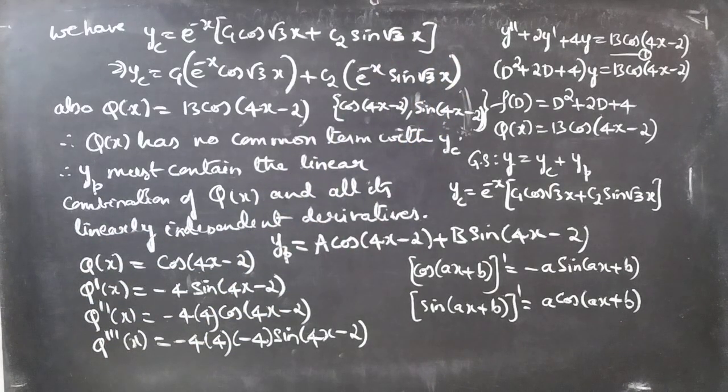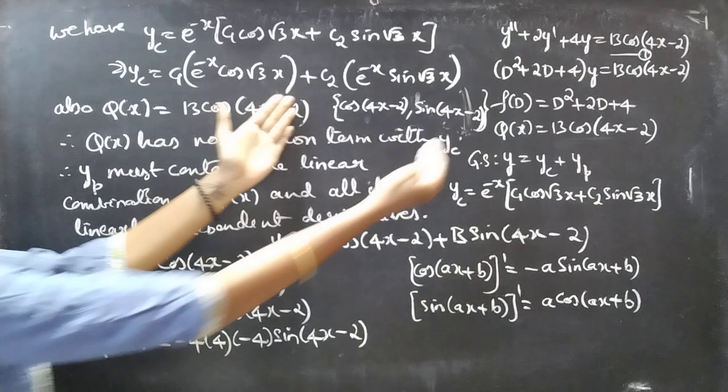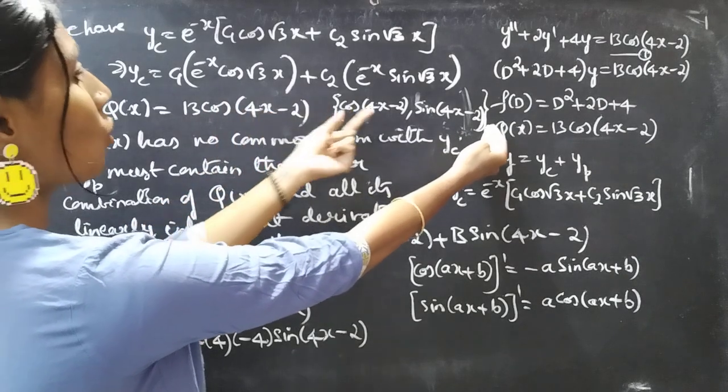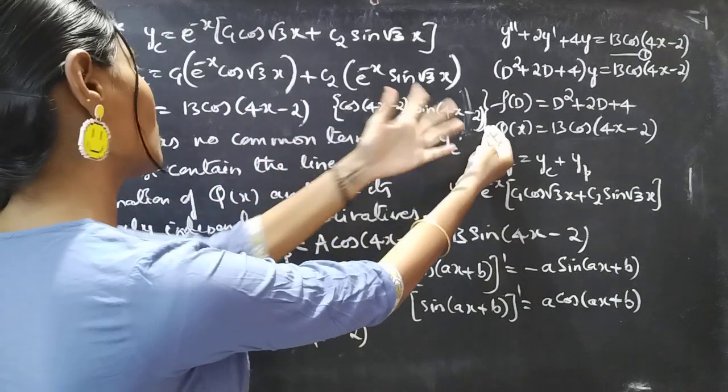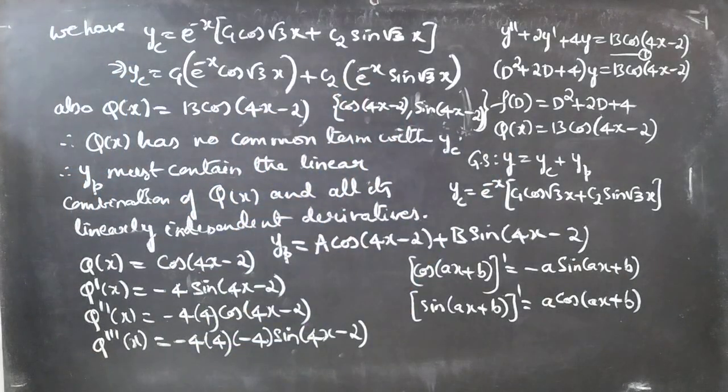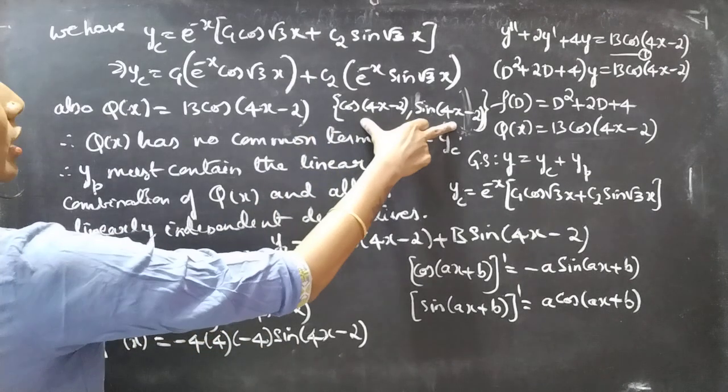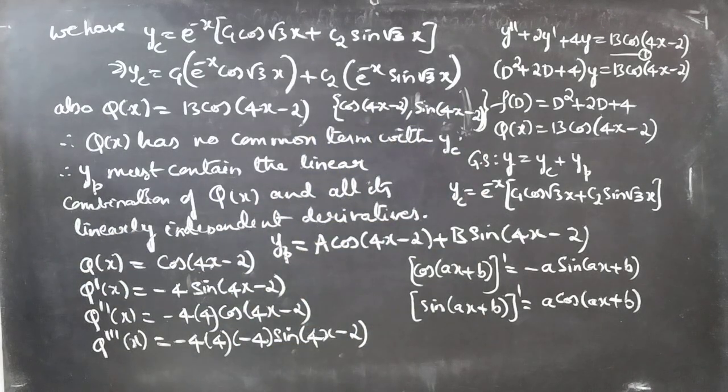Okay, q of x and all its derivatives in a set form involve cos 4x minus 2 and sine of 4x minus 2. Now with the help of this set we will write yp.